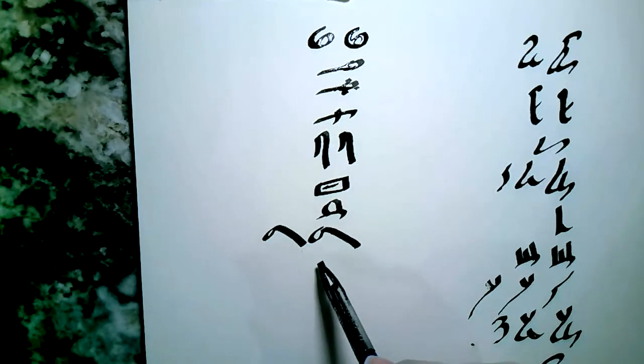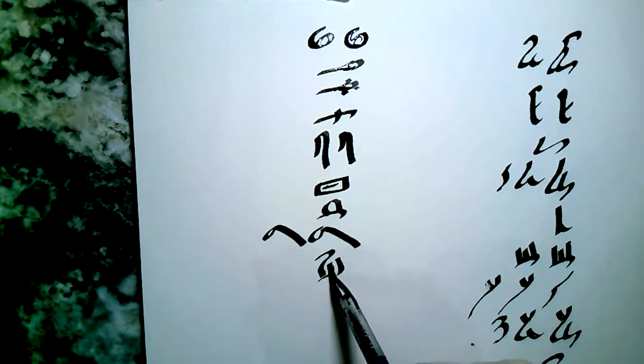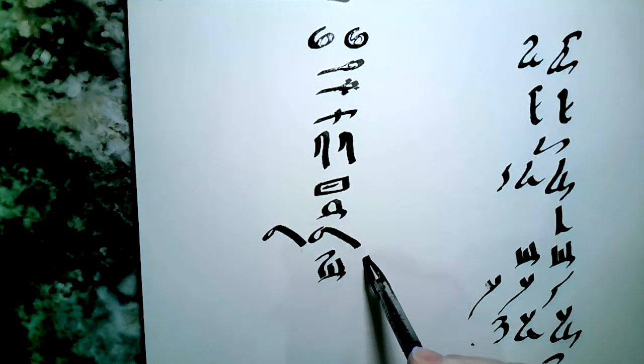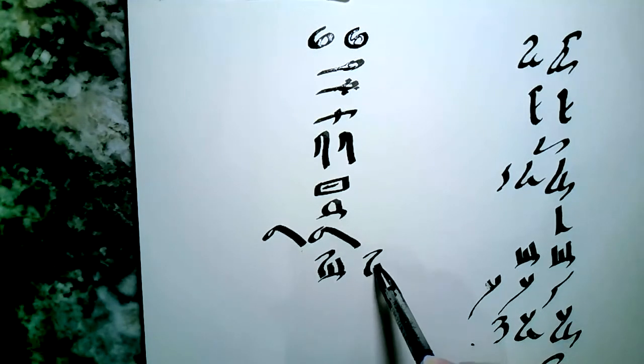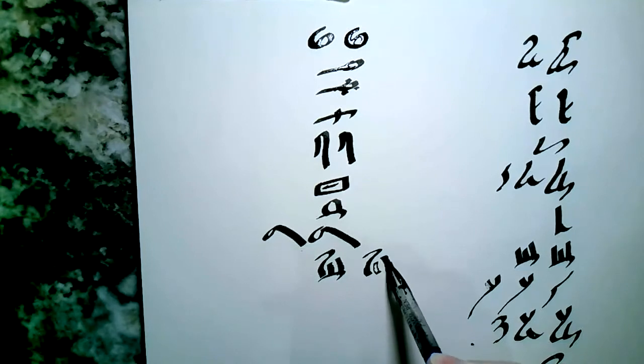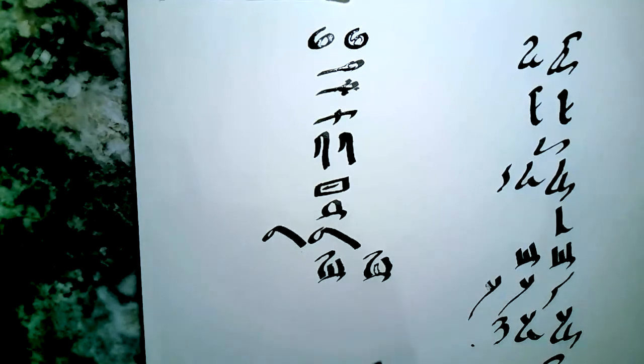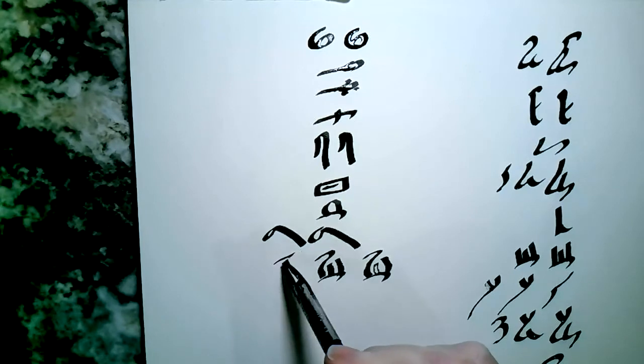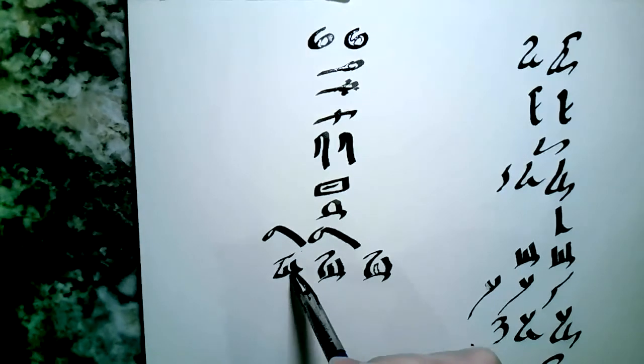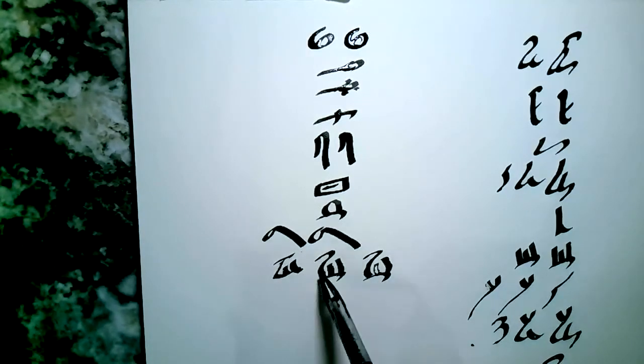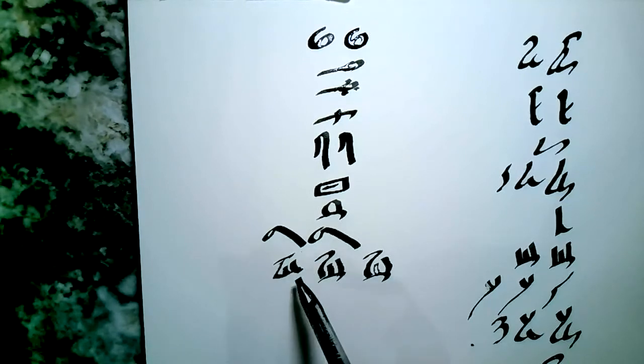Next, the G. G looks a lot like the P. When you think about how it's written in hieroglyphs, that's, oops, I'm doing the hieratic again. Let's do the hieroglyphs. Looks like this. So you can see where that top part is coming from. That's basically the horizontal. And then you just do the rest of the G shape.